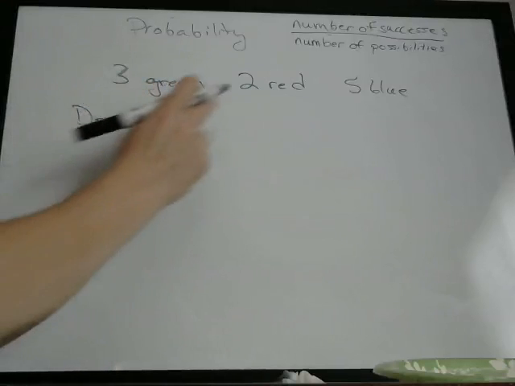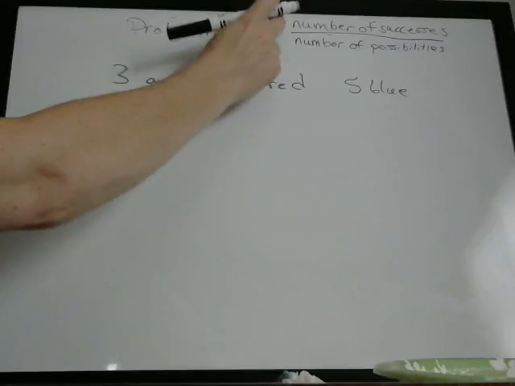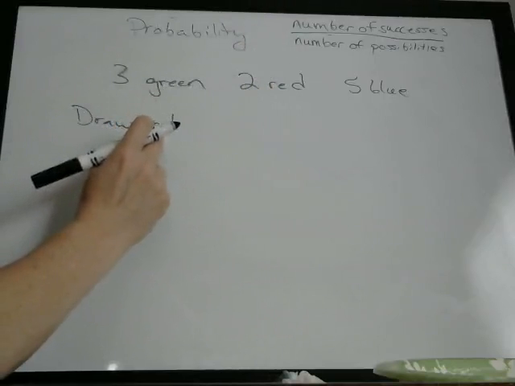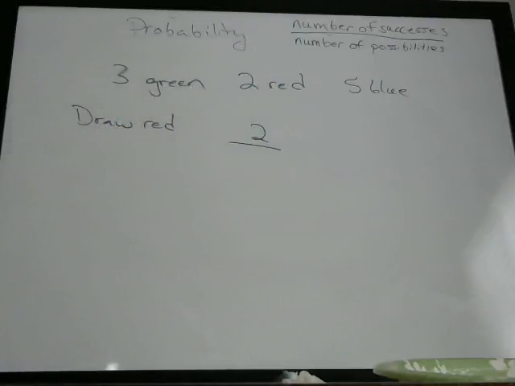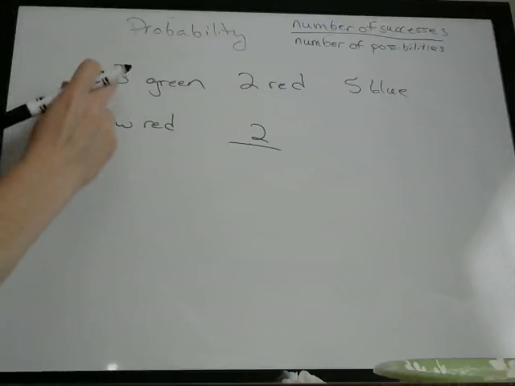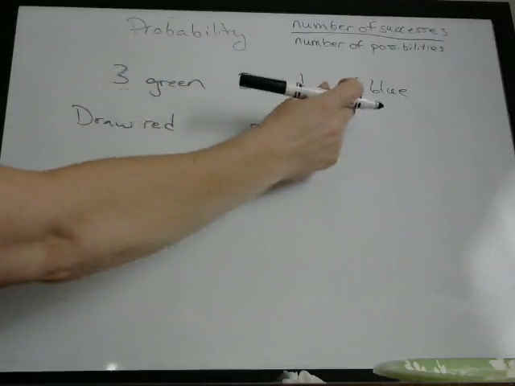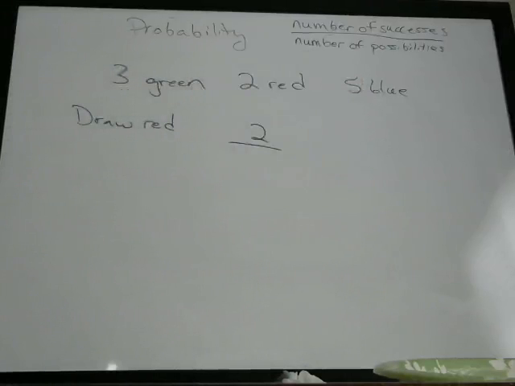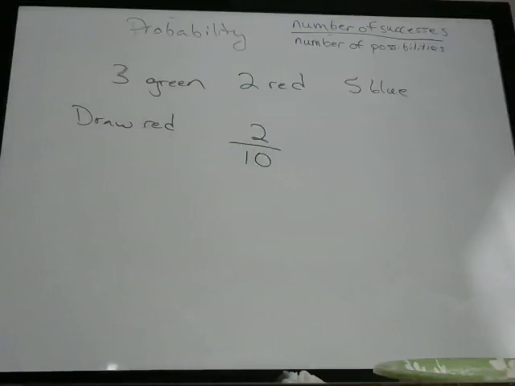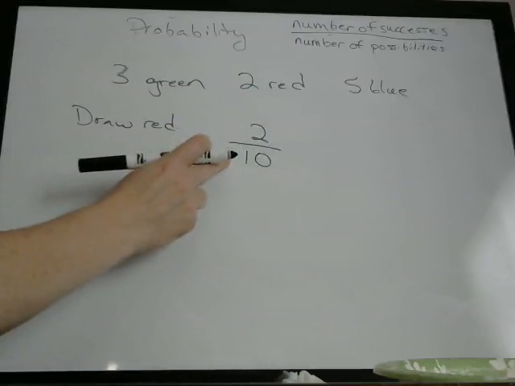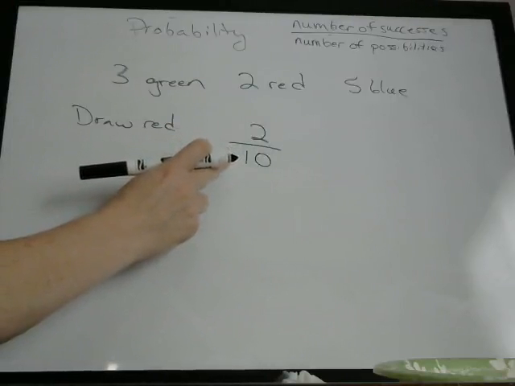Well, we have 2 reds in there, so the number of successes, the number of reds we have, is 2. How many total possibilities do we have? Well, there's 3 green, 2 red, and 5 blue. So there's a total of 10, 3 plus 2 plus 5, 10 possibilities when we draw a marble out. So it would be 2 over 10. That's the answer to the probability of drawing 1 red marble.